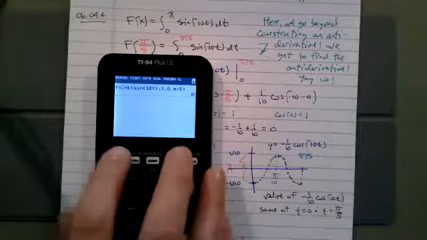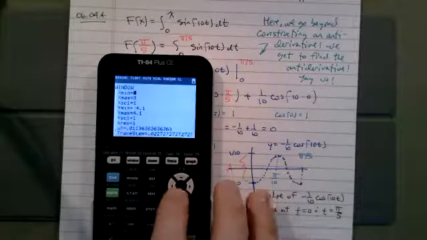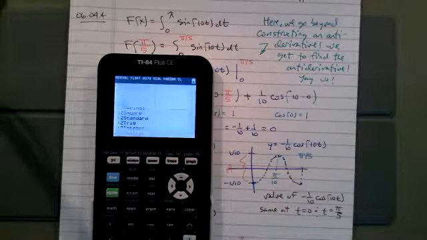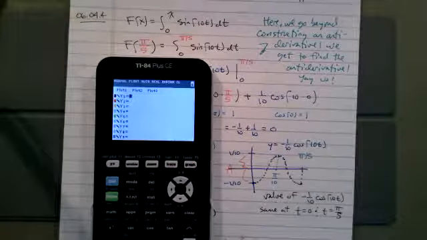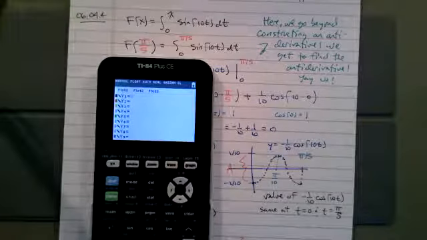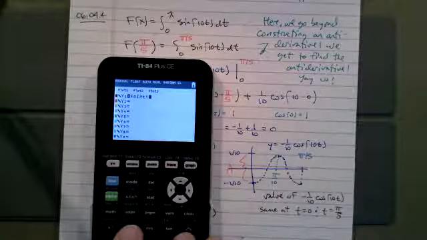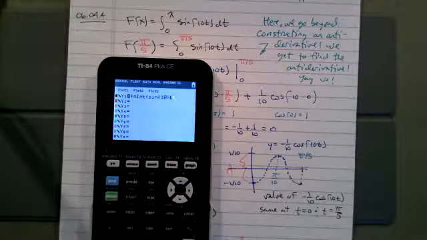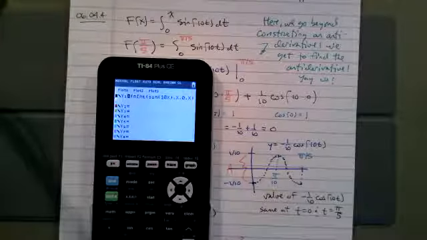We can also graph this function. So, some DVD bonus material. We can say graph the antiderivative, or graph the integral of sine of 10x with respect to x from 0 to x. TI-84 doesn't mind if you plug x into x.